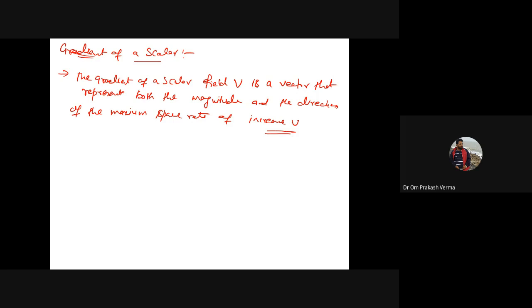We will try to understand with an example. Okay, this is the statement of the gradient of a scalar.